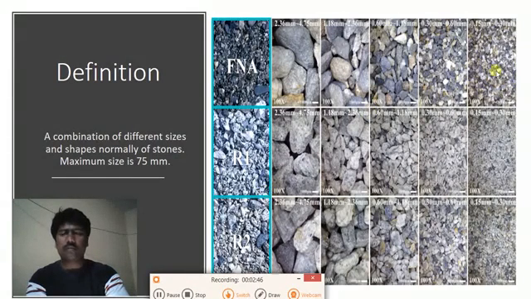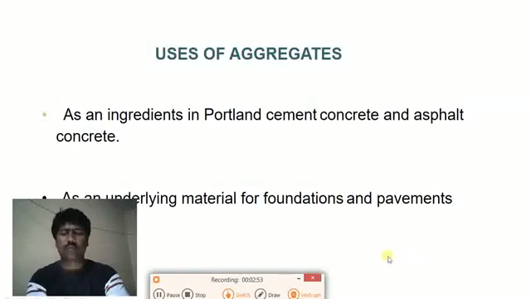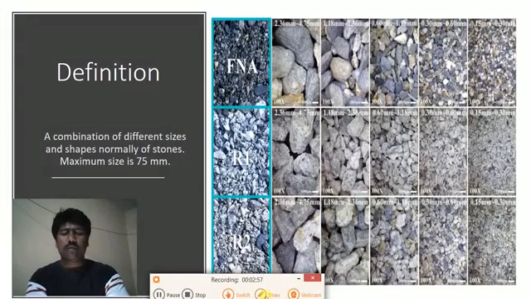This is a small size and this is a somewhat larger size compared to the first one. And this is larger compared to this. Like that you can see from these figures. So how can you differentiate a particular given aggregate? That differentiation of aggregates is mainly based on their sizes.